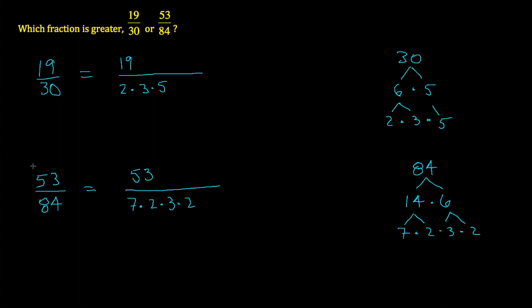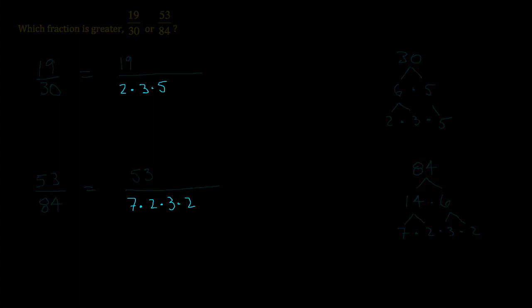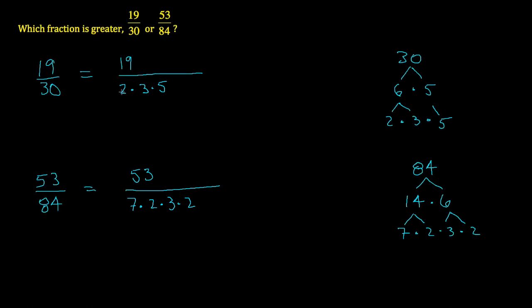Now it's just a matter of making sure that both denominators have the same factors in them. So this denominator has a 2, a 3, and a 5. This denominator has a 7, a 2, a 3, and a 2. Well, this denominator is missing a 5 that appears in this denominator.